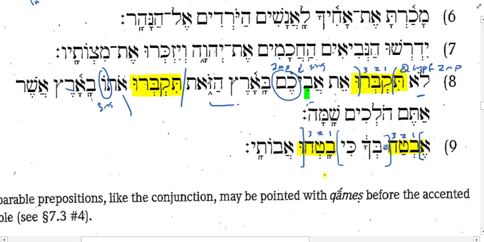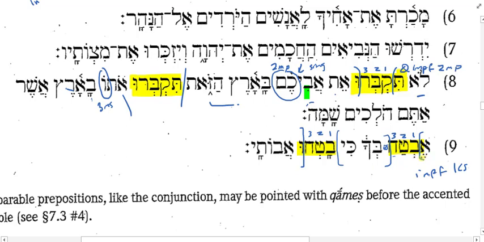So one of these is the imperfect. Which one? The first one or the second one? First one. Yeah, clearly the first one, because it's got one of the nutty prefixes, right? So I know that's imperfect. And with the aleph, it's got to be what? First common singular or first common plural? First common singular. Good. So this is I will batach. What does that mean?